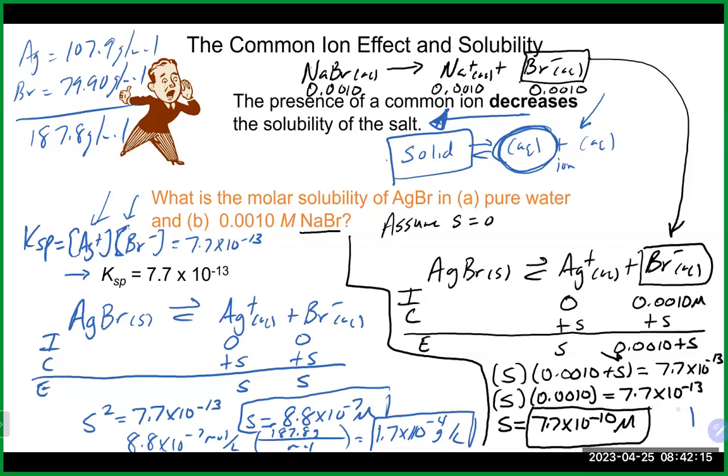In this particular case, if we took that 7.7 times 10 to the minus 10 moles per liter and multiplied it by the molar mass of our 187.8 grams per mole, that will get us some of this here.